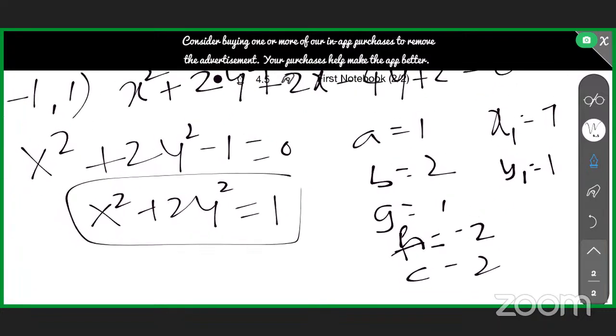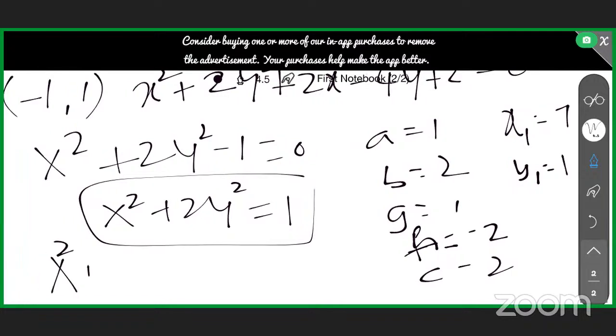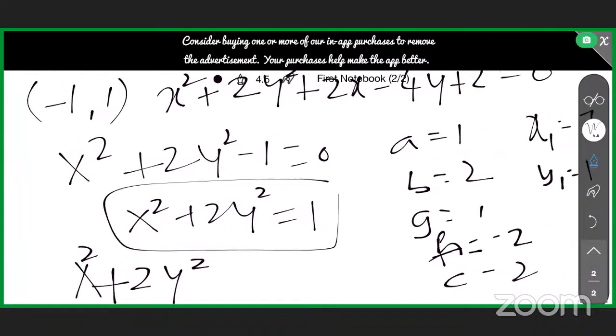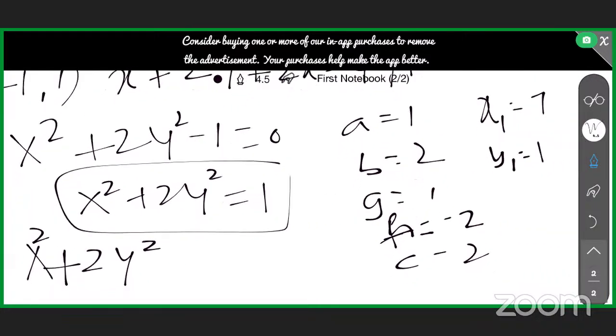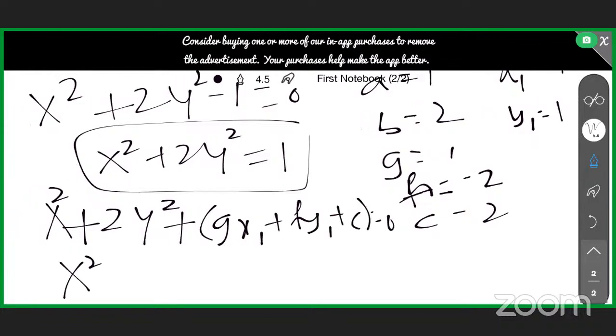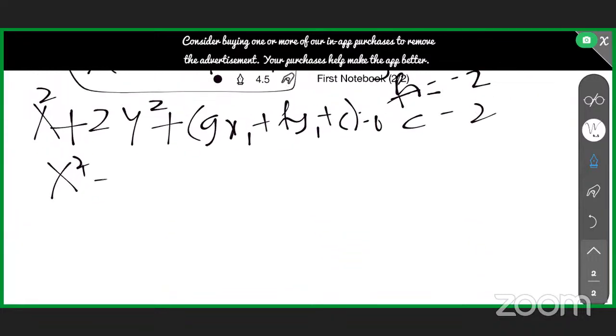Let us say x square becomes capital X square plus 2 capital Y square plus gx1 plus fy1 plus c is equal to 0. That is x square plus 2y square plus g.